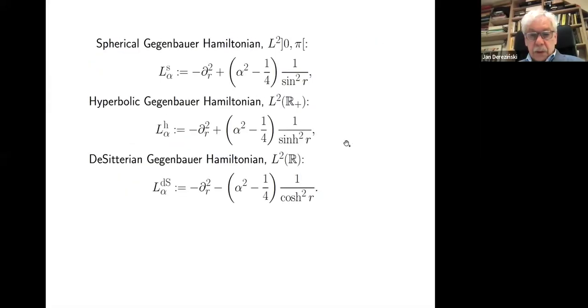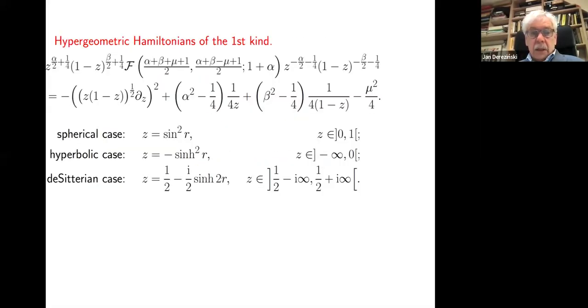Now, the hypergeometric equation has three parameters, and instead of a, b, c, I will use alpha, beta, mu, which in some sense are more natural.